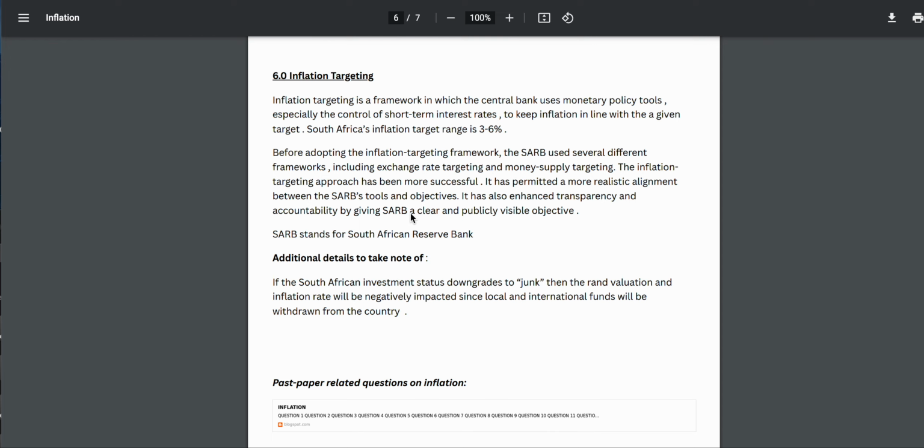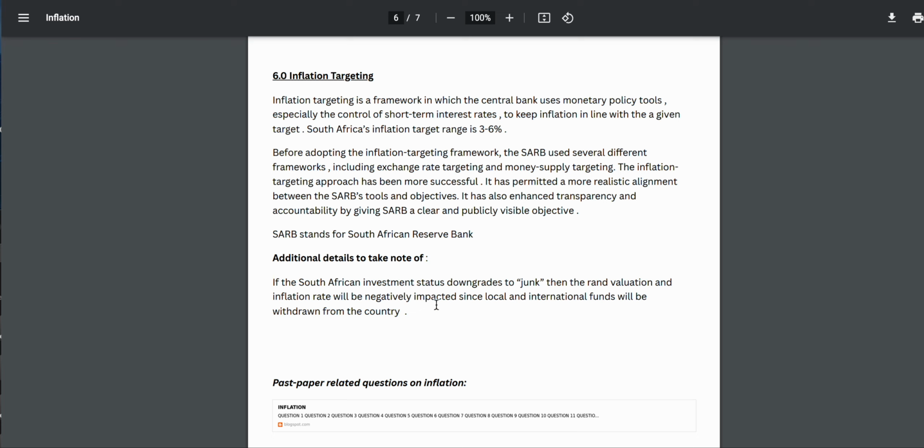So one of South Africa's targets is to keep its inflation between 3 to 6%. Currently, inflation is at 6.3%. So definitely, the government is trying to come up with policies that would make it fall back into the target range.